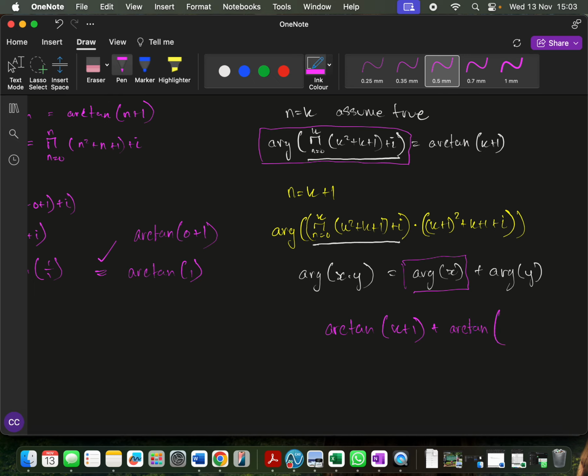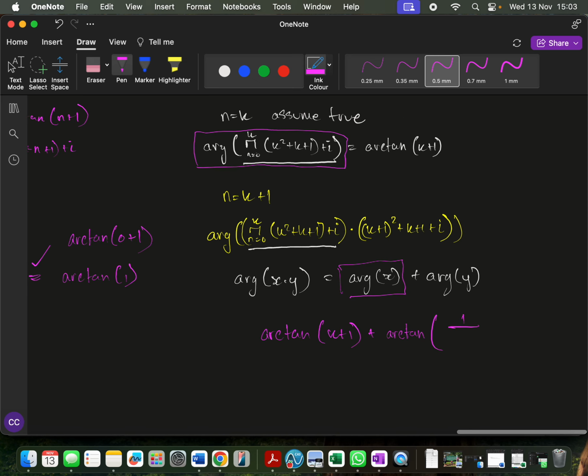arctan of 1 over, and I'm going to go ahead and expand this before I go any further. So that would be k squared plus 2k plus 1 plus k.